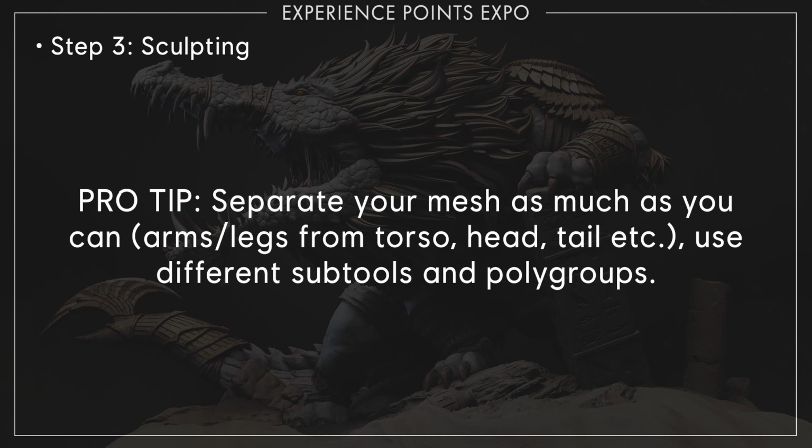That way it will be more comfortable for you to work with, because you can easily hide them or show them or move them around. And at the same time, you will be able to add subdivision levels on each of these parts individually. So you will be able to crank up the subdivision level if you think you need more details.